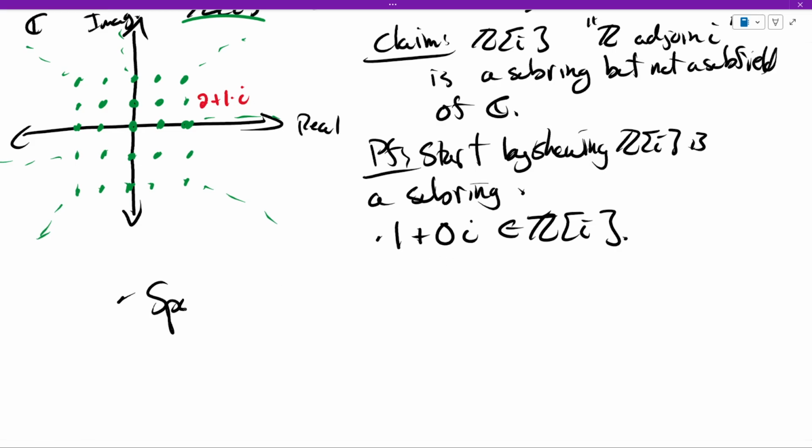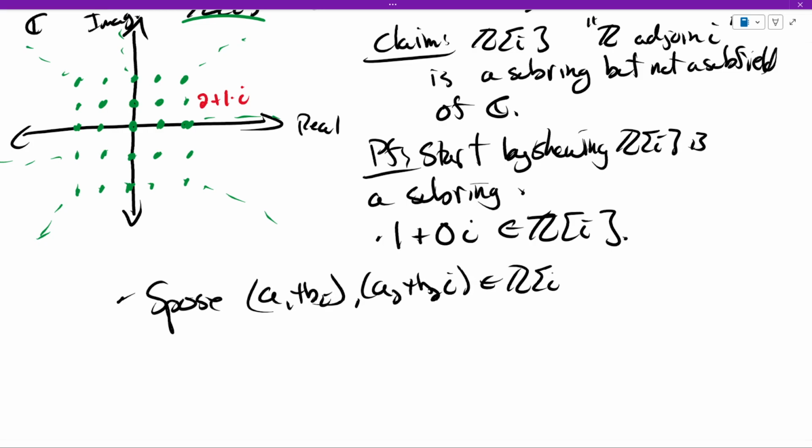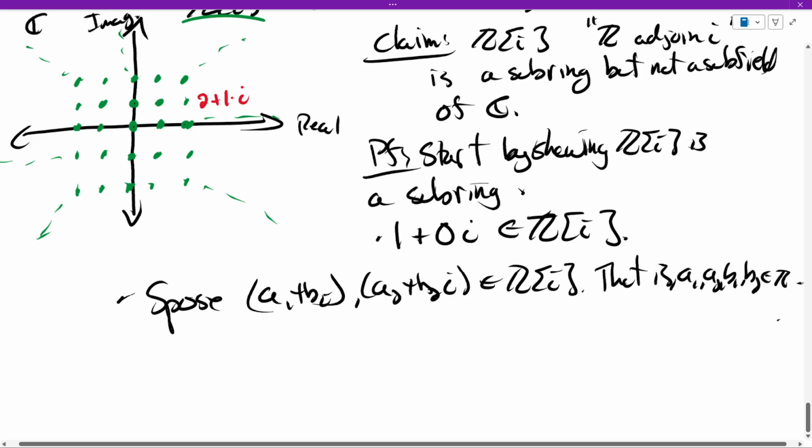Suppose you have two Gaussian integers, a1 plus b1i and a2 plus b2i. That is, the coefficients, the real and imaginary parts here, are integers. Then, what do we have to do for the subring test? We have to look at their difference.